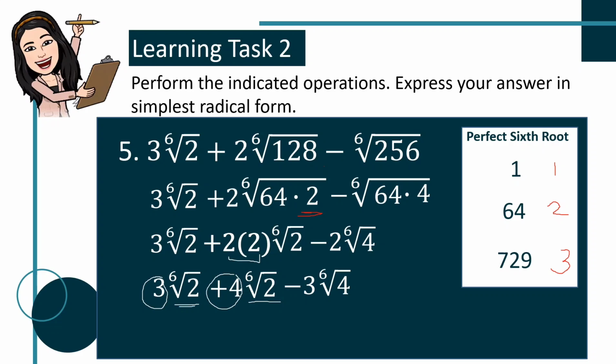So that would become 7, 6 root of 2, and then kopyahan again yung natira na hindi natin pwedeng isama sa kanila dahil hindi na siya similar. So that is minus 3, 6 root of 4. So therefore, ayan na po ang ating sagot. Our final answer is 7, 6 root of 2 minus 3, 6 root of 4.